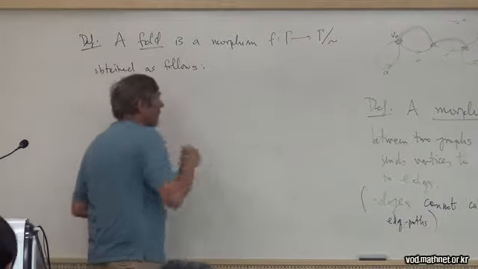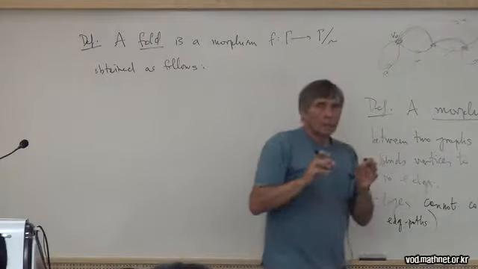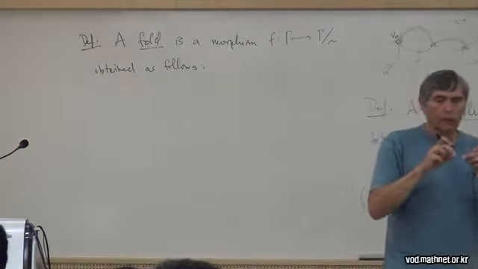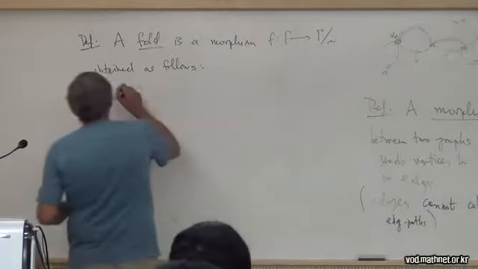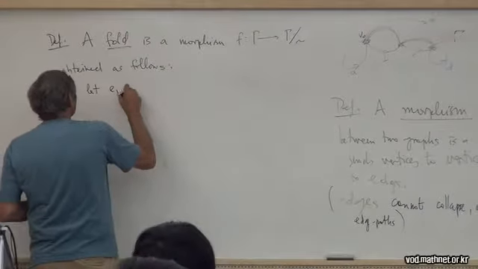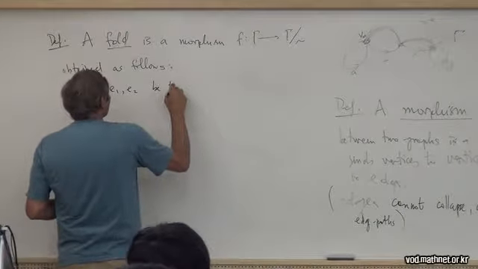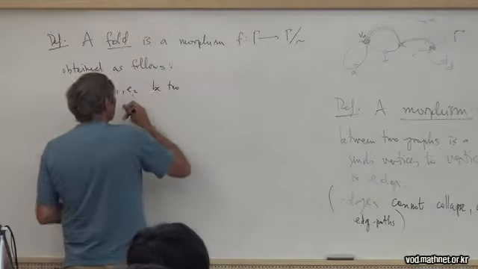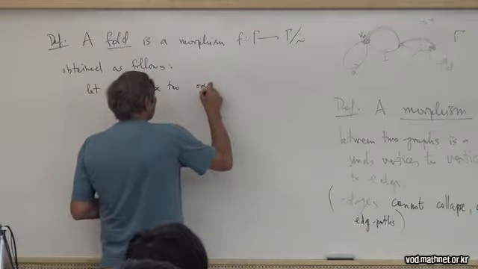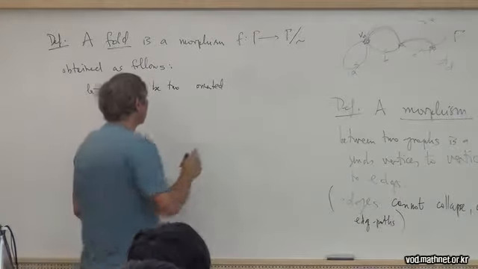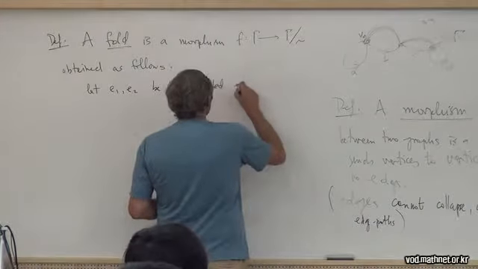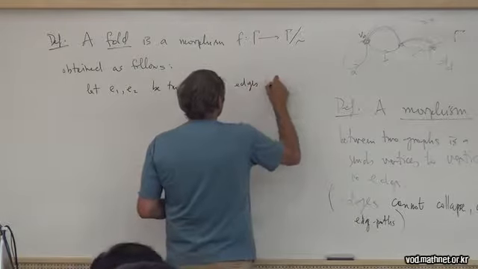You start with two edges in gamma that are oriented and have a common initial point. So let E1 and E2 be two oriented edges with the same initial vertex, so that I can talk about the initial point.